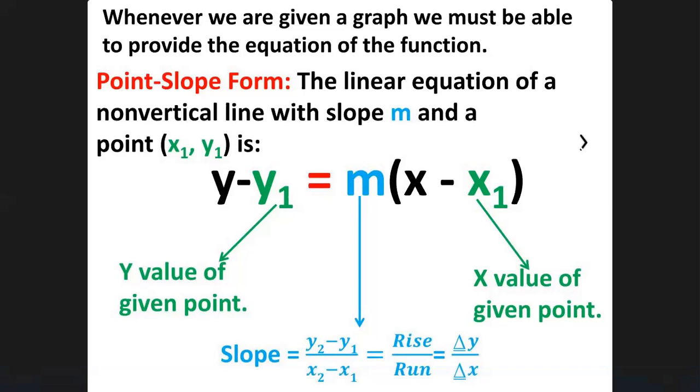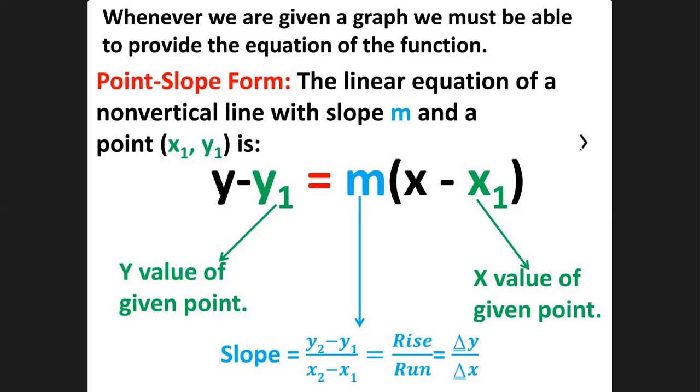The general form, as I told you, is y minus y1 equals m(x minus x1). Y and x are standard, but y1 is the value of y given in the point, and m represents the slope.